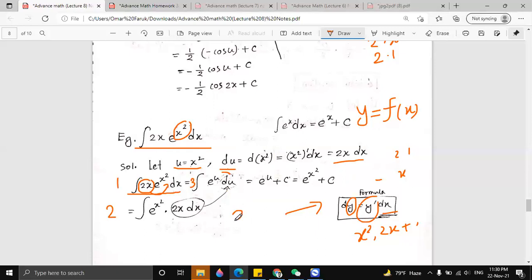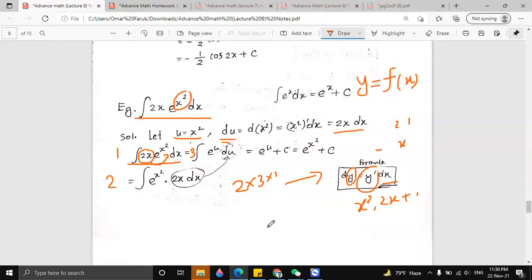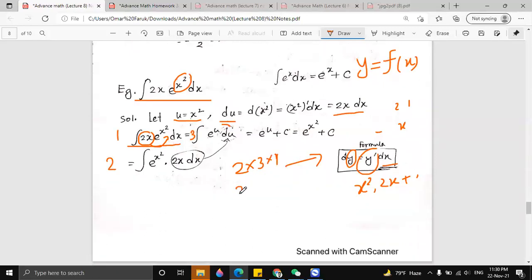Because we know that 2 multiply 3 multiply 1 can also be written like 3 multiply 2 multiply 1, the same thing. So I just take this 2x closer to dx. Then I get integration of e to the power x square into 2x dx, right?